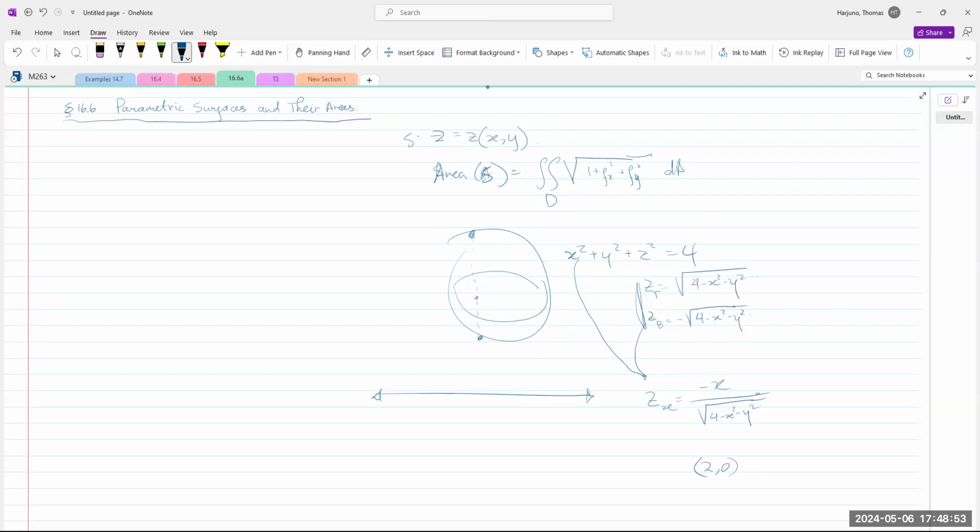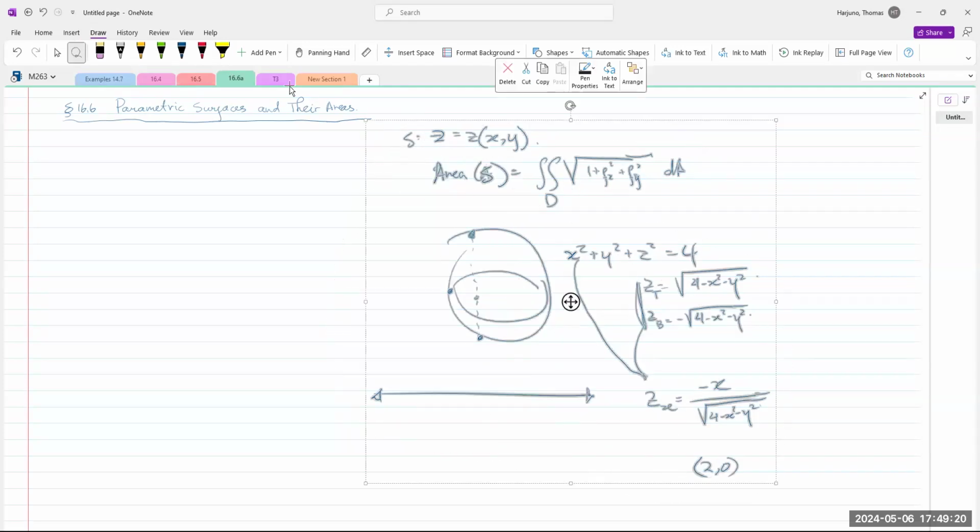If you plug in x y equals (2, 0), it will be undefined. However, we know we have a point there. We have a tangent plane there, but the method we had before, the z sub x, z sub y method, is not powerful enough. So this section is dedicated to dealing with a more generalized situation.